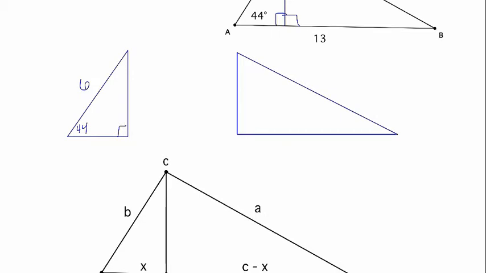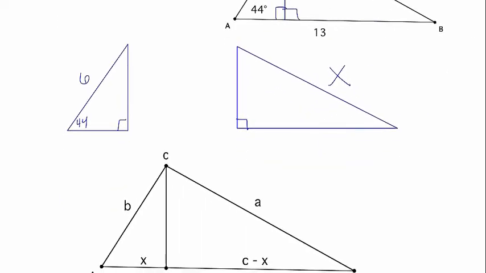On the other triangle, I have side X that I want to know. I have the 90 degrees from the altitude that I drew, and that's about it. Because I can't put 13 anywhere since that was cut into two pieces on that triangle.